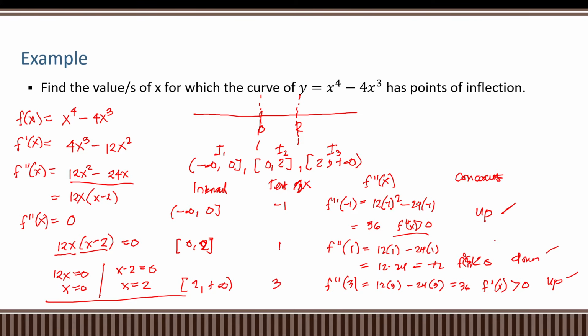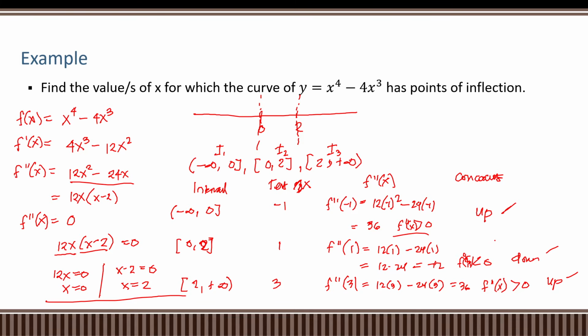So in this case, we could say that x is equal to 0 and x is equal to 2 are points of inflection because the sign changes from up, down, and up, or from positive 36, negative 12, to positive 36. Therefore, these are the points of inflection.